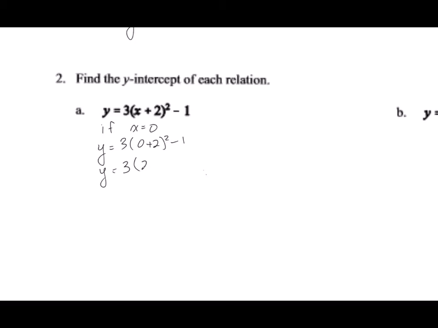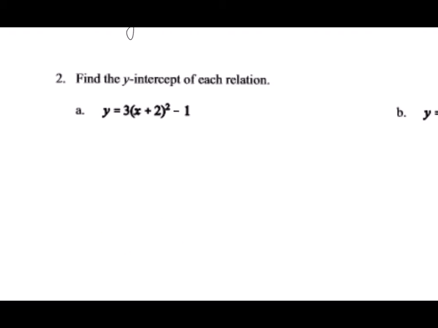So we get 3 times 2 raised to the power 2 minus 1. 2 squared is 4. So now we have 3 times 4 minus 1. And we end up with y is equal to 12 minus 1, which is equal to 11. So this is our y-intercept. When we let x equal 0, solve for y, that gives us our y-intercept.